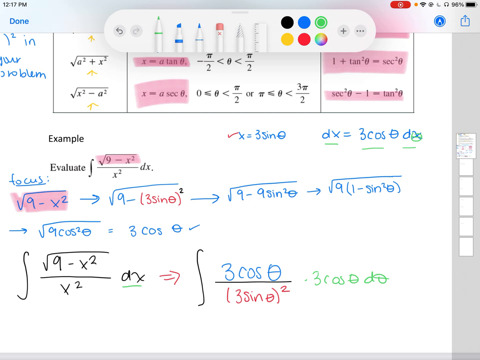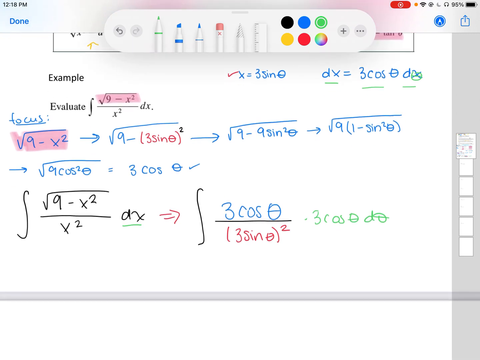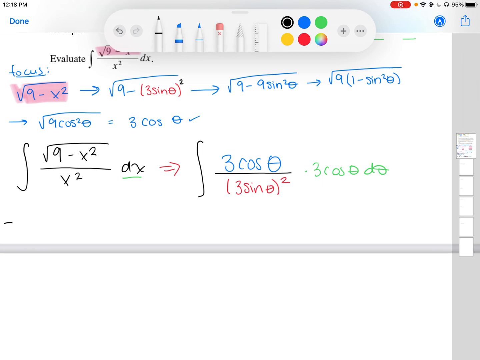Okay, let's clean this up. If we clean it up, we see that our 3's and our 9's cancel. Well, let's first square the denominator. So we have 3 cosine theta, and we have 9 sine squared theta, so that's being squared, 3 cosine theta d theta.